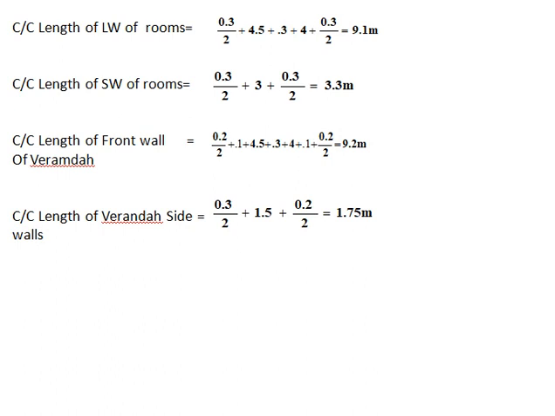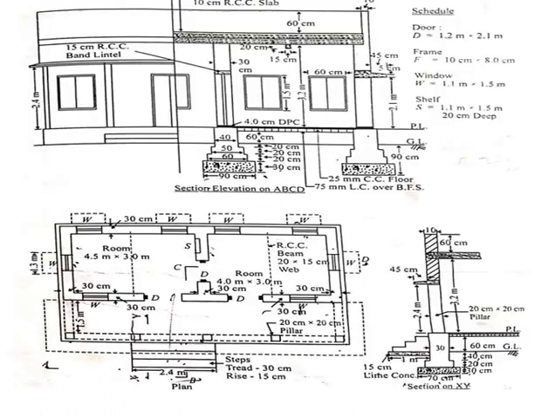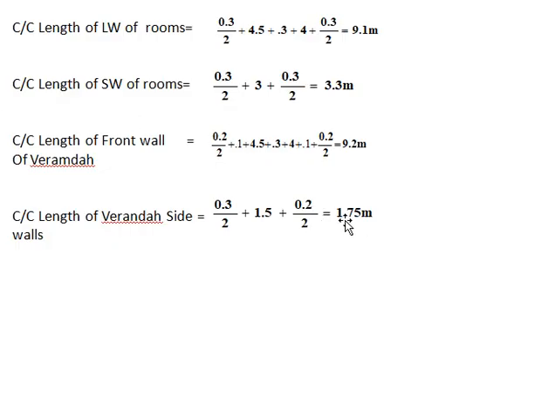Similarly, we can calculate the center to center length of the veranda side walls. Here you can see we have to add half the thickness of this wall, that is 0.3 by 2, plus the width, that is 1.5 meter, plus half the thickness of this wall, that is 0.2 by 2. So you can see here it is 1.75 meter.